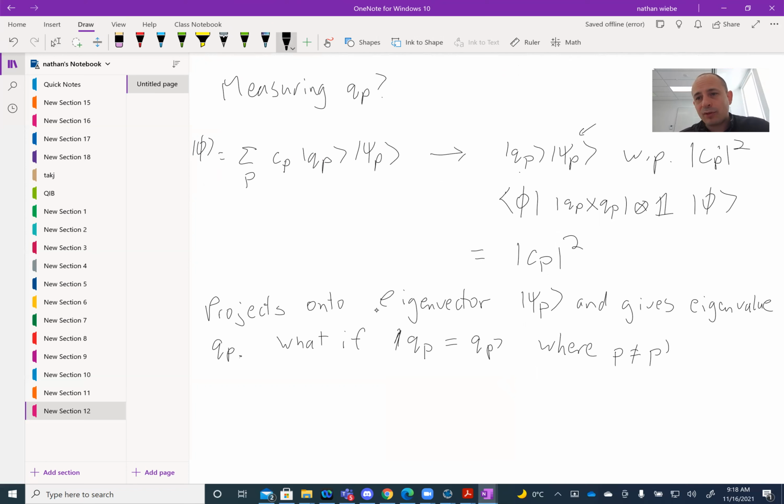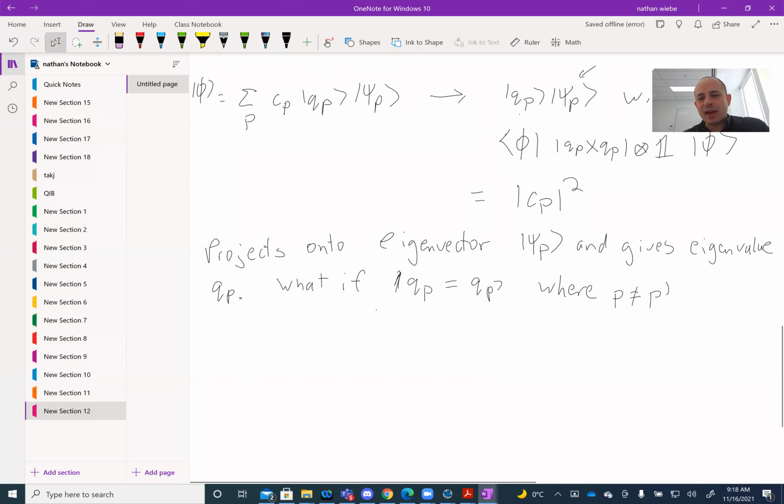Now, people will refer to this in physics as being a degenerate problem. But the basic idea is if we have that case, then if we go through and perform our projectors, what we will end up getting is that there's going to be two states that actually will have this projector.